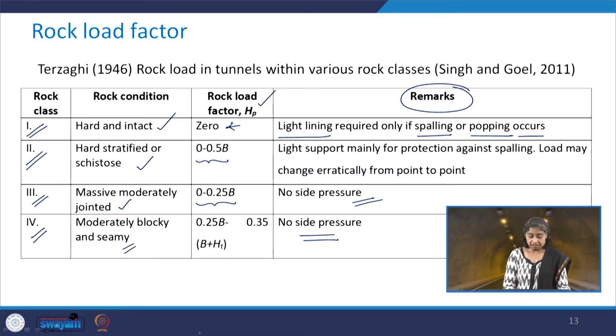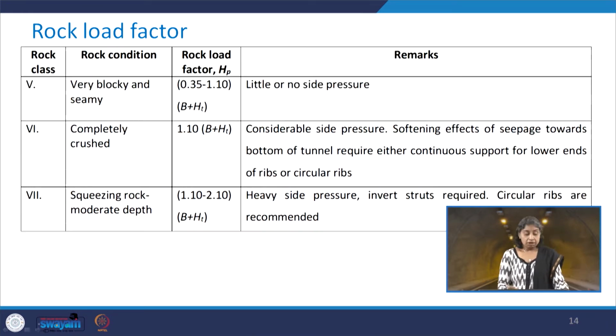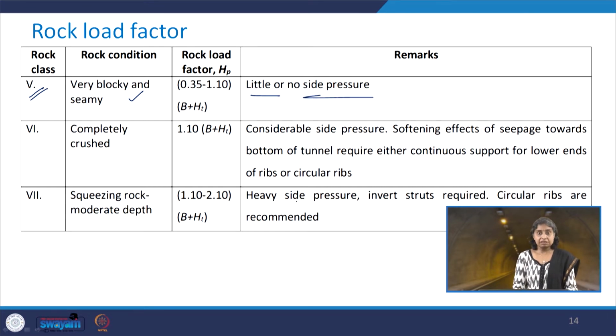In this case, the rock load factor takes the value between 0.25 B to 0.35 times B plus HT. Coming to the fifth type of rock class, which is defined by very blocky and seamy rock condition, very little or no side pressure is there on the side walls. So the rock load factor value was ranging between 0.35 to 1.1 times B plus HT.